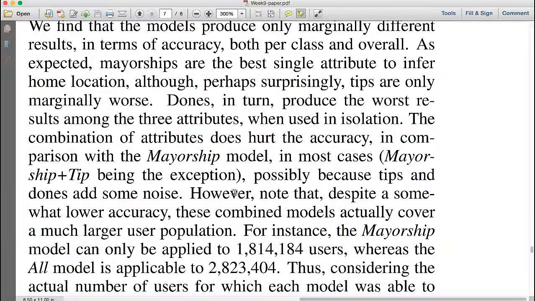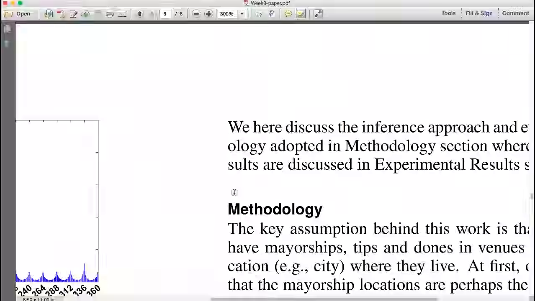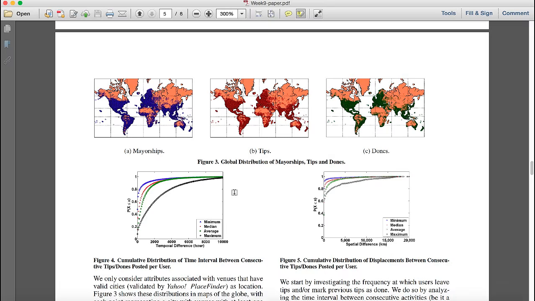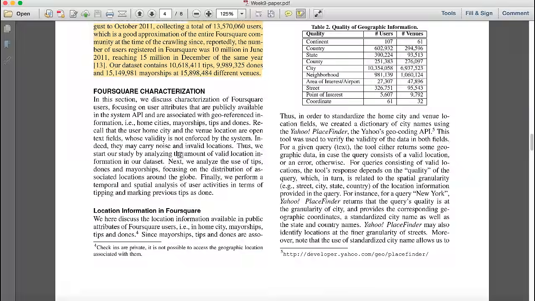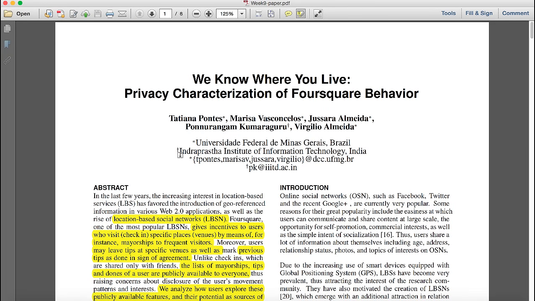So that gives you a sense of how a paper works, meaning the things that you've seen in the class until now, which is to take some data, do some analysis, make some inferences, and how these inferences are put into a paper is what we saw in this lecture. The focus was taking Foursquare and finding the home location. With that, I'll stop here for this paper, and I'll see you soon.